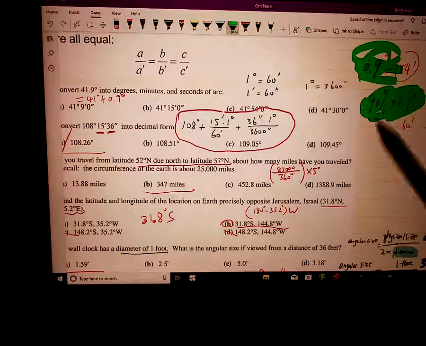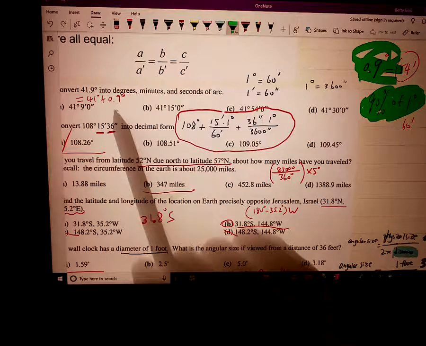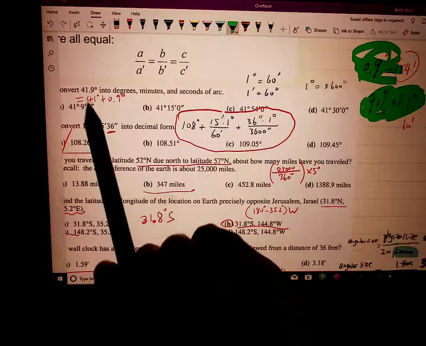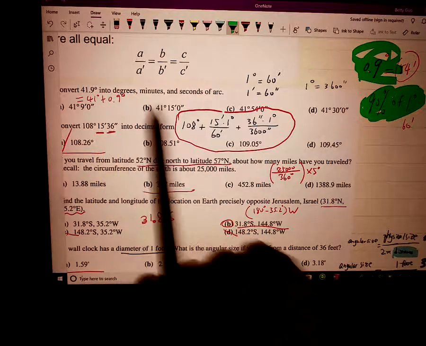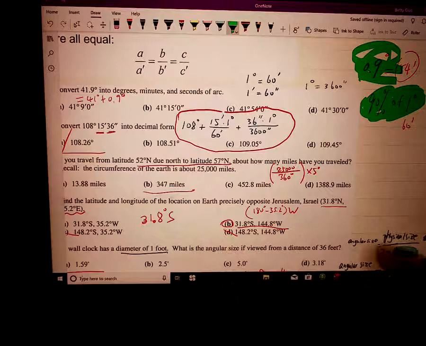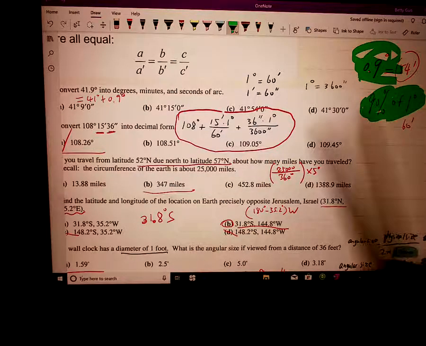Then how many minutes equals 90% of 60 minutes? That is 54 minutes, right? So 0.9 degrees is 54 minutes. So 41.9 degrees in degrees, minutes, and seconds is 41 degrees, 54 minutes, 0 seconds.